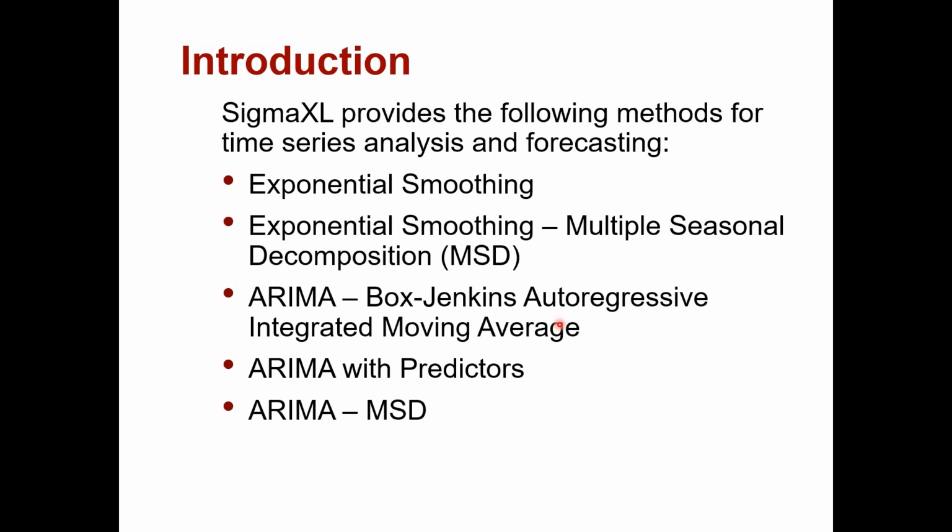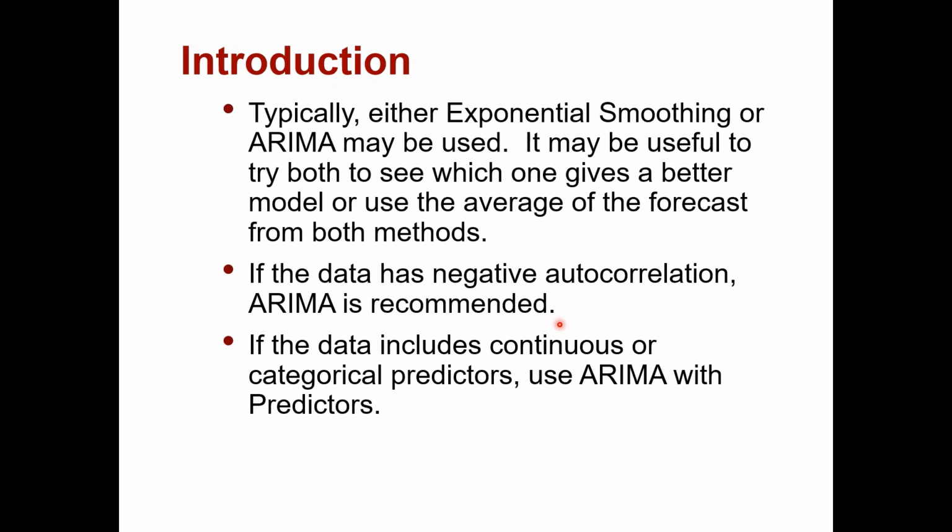That's another area we won't be looking at today. It's a more advanced topic, but just to mention that we do have tools to handle that type of data. ARIMA, Box-Jenkins, AutoRegressive integrated moving average, ARIMA with predictors, and ARIMA multiple seasonal decomposition.